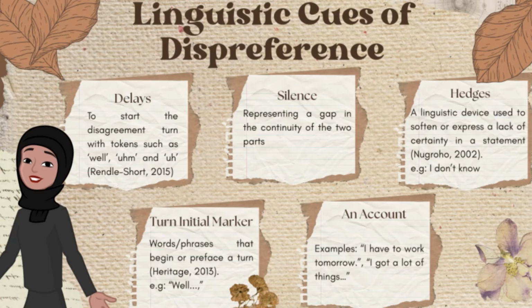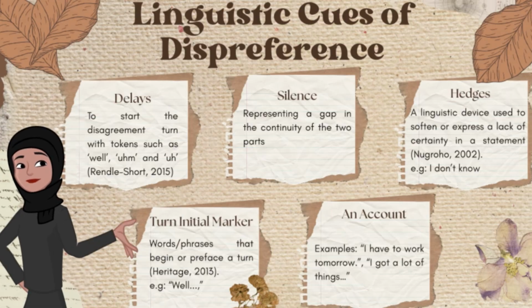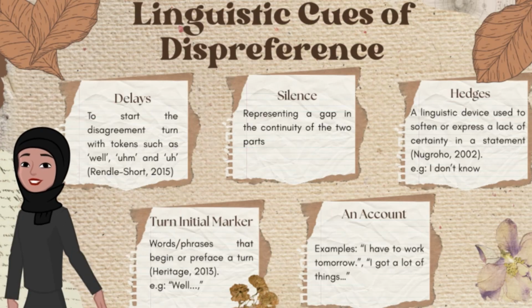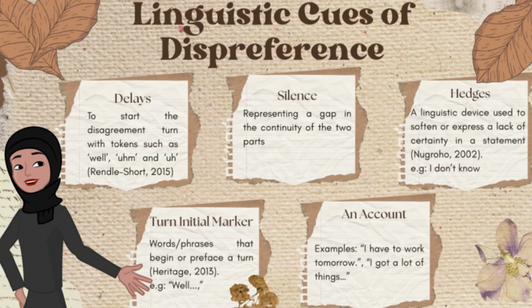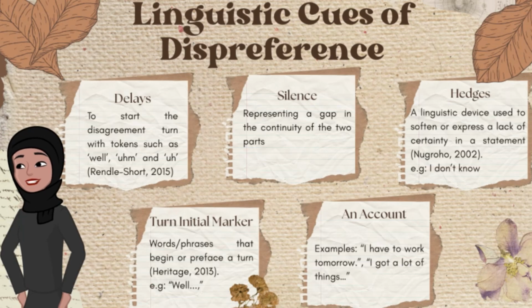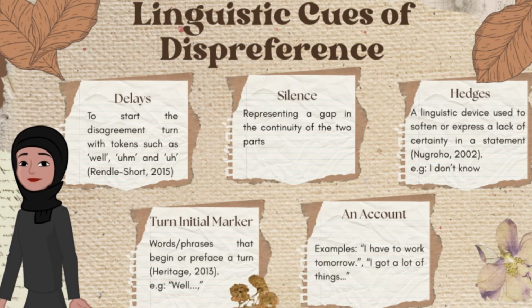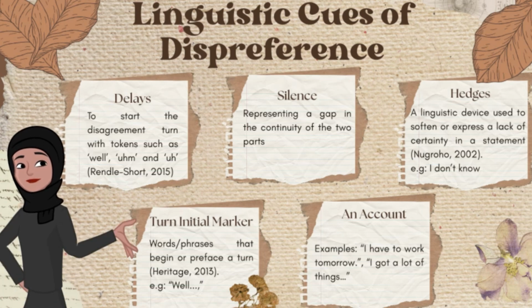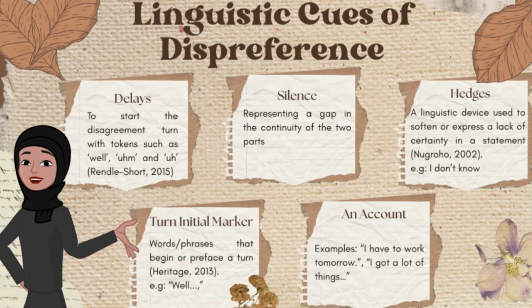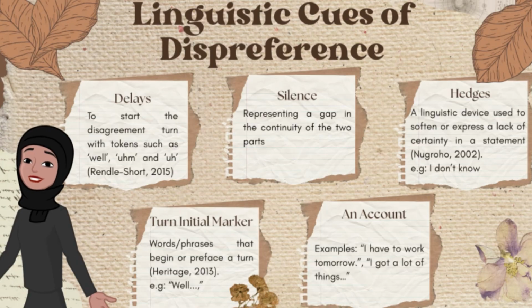Now we're going to see the linguistic cues of this preference. First, we have delays, which is to start the disagreement turn with tokens such as well. Next, we have silence, which represents a gap in the continuity of the two parts of the speech. Moving forward, we have hedges, which is a linguistic device used to soften or express a lack of certainty in a statement.